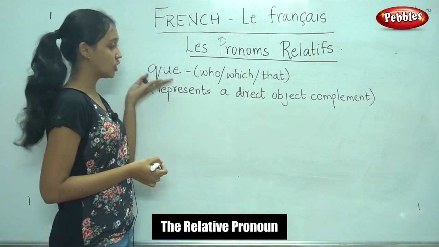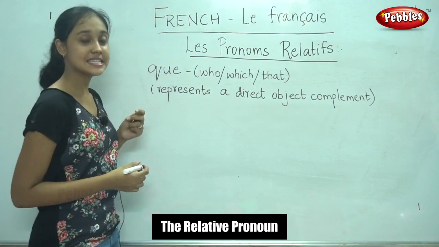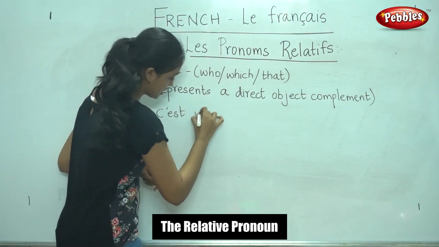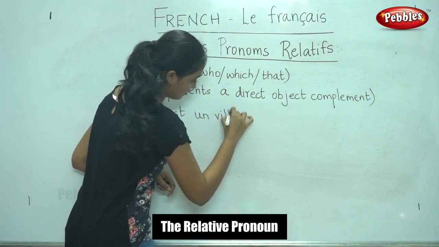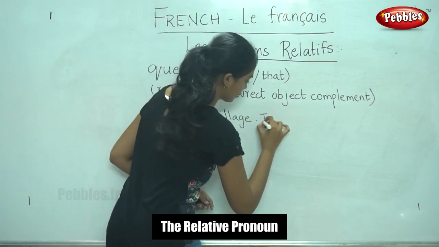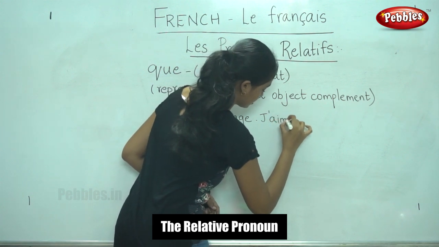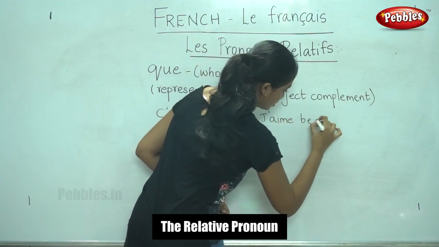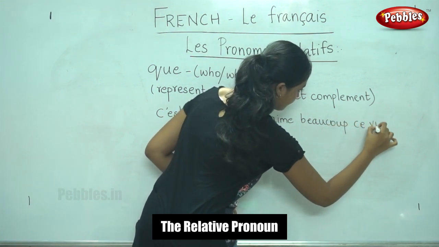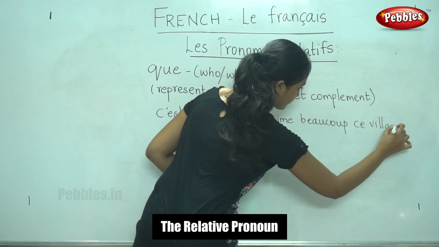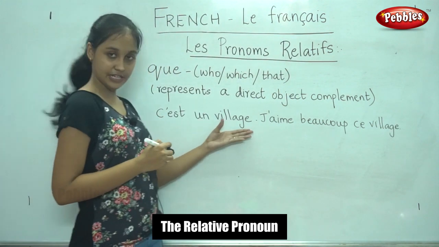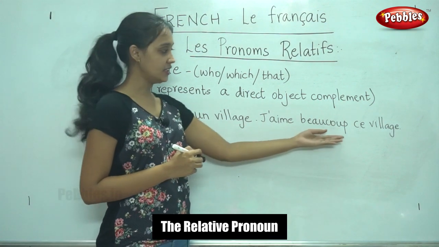Okay, so let us see the use of this word in a sentence. C'est un village. J'aime beaucoup ce village. So, this is a village. I like it very much.